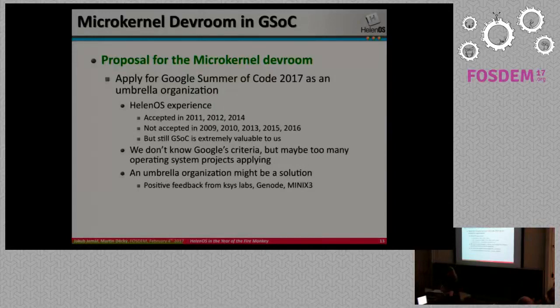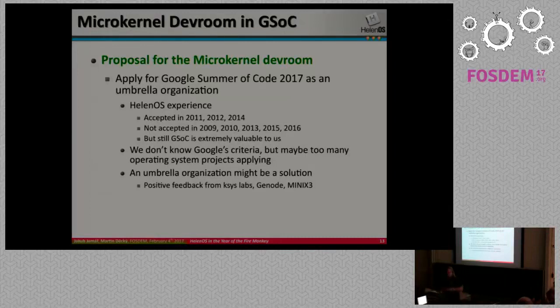But we have a hypothesis that one issue might be that there are simply too many operating system projects in general applying for GSOC. There's Linux, FreeBSD, NetBSD, OpenBSD, Illumos, all you can have, and probably they don't quite distinguish between the monolithic systems and microkernel systems.